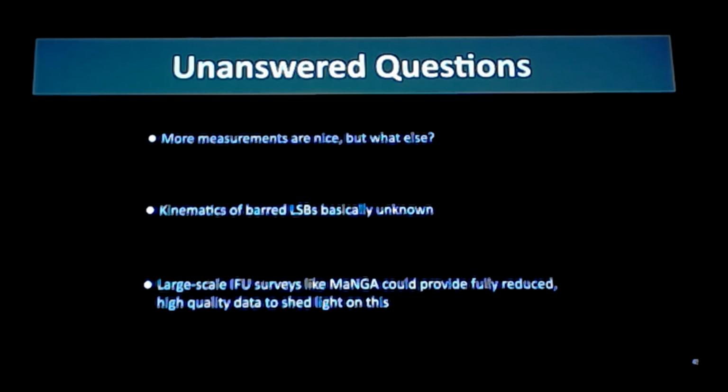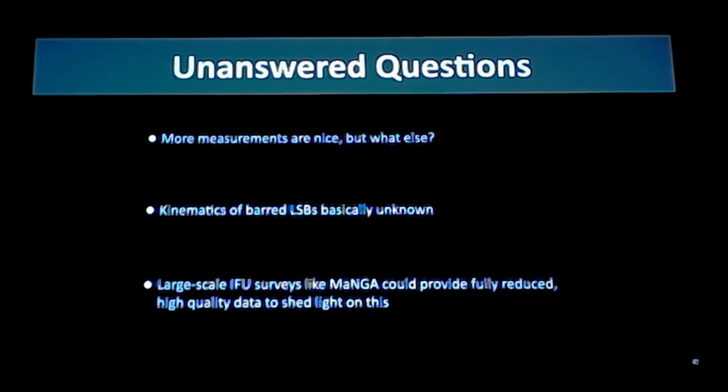In order to do that, you would need to apply that challenging method, and you would need either long slit data or large scale IFU surveys. And I'm going to focus now on these large scale surveys because things like MaNGA and CALIFA are providing high quality data for thousands and thousands of galaxies.